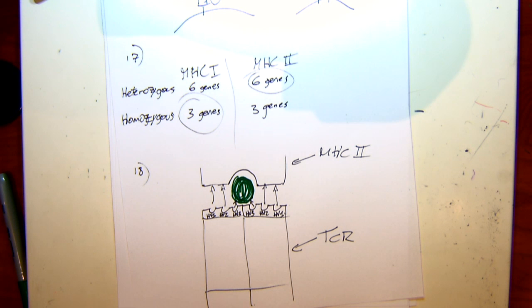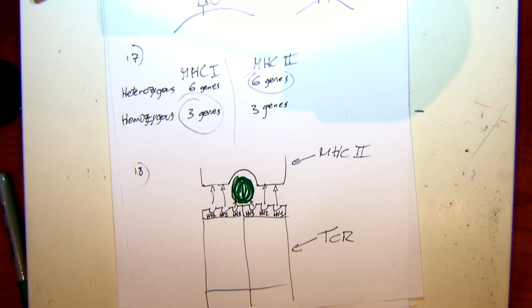Then 22 says HLA-A will present antigens to a CD4 T cell. B will present antigens to a CD8 T cell. C is one of the MHC1 isotypes. Other isotypes include HLA-B, HLA-C, and so on. And then A and C, and B and C. Anyone remember?